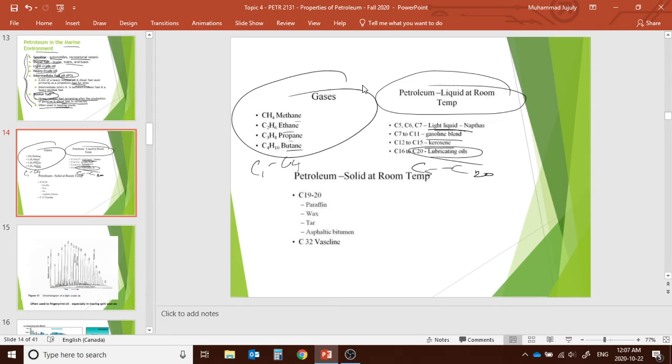Now the solids at room temperature are C19 to C50. At C19 and C20 we get paraffin wax, tar, asphaltene, bitumen, and at C32 vaselines, and at C50 a higher degree of these.